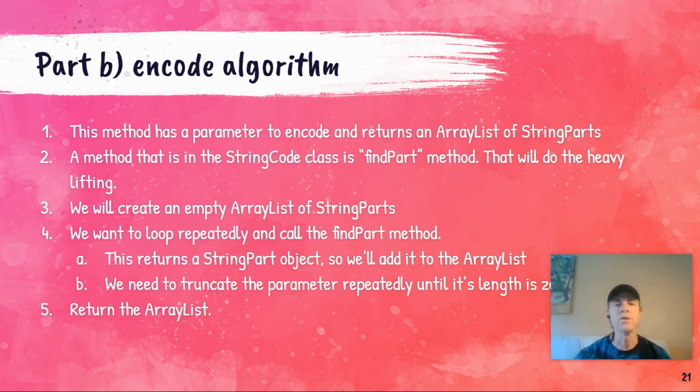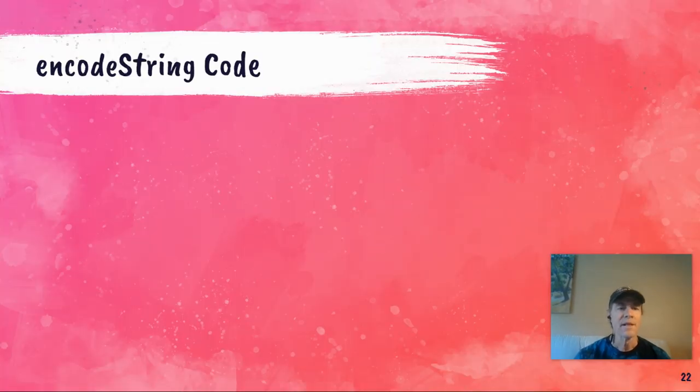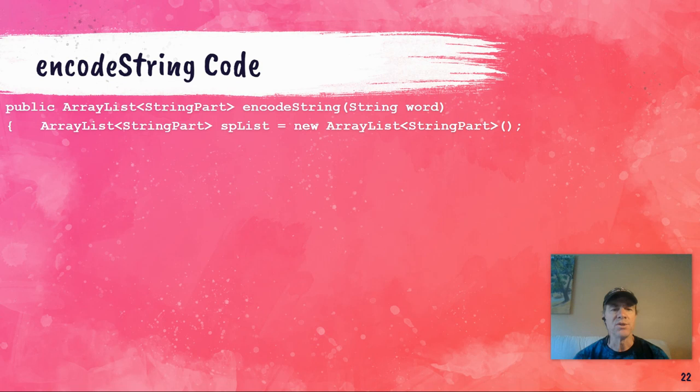So here's my code to do that. Again, it's going to return an array list of string parts. I get a big long string that I'm supposed to encode. First thing I'm going to do is create the empty array list. I'll call it SP list. That is an array list of string parts. So there it is. It's made. It's empty. The other thing that I do here is there's nothing wrong.